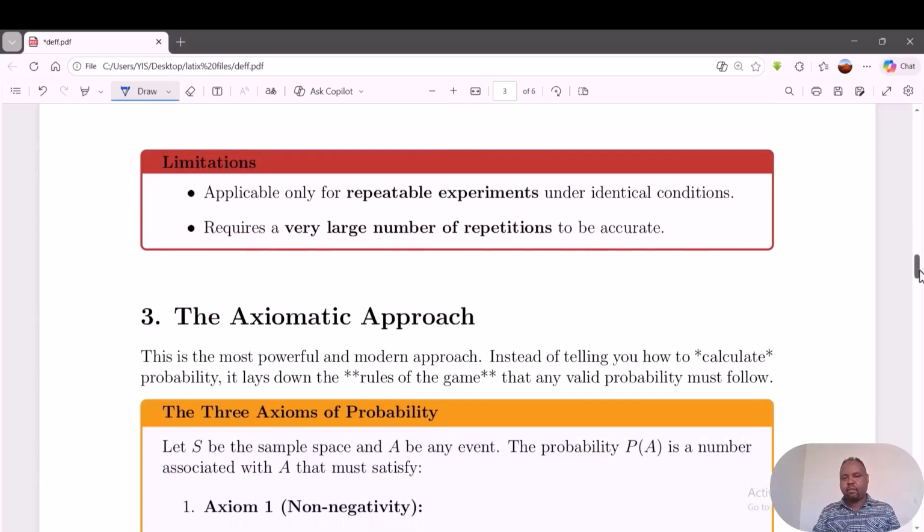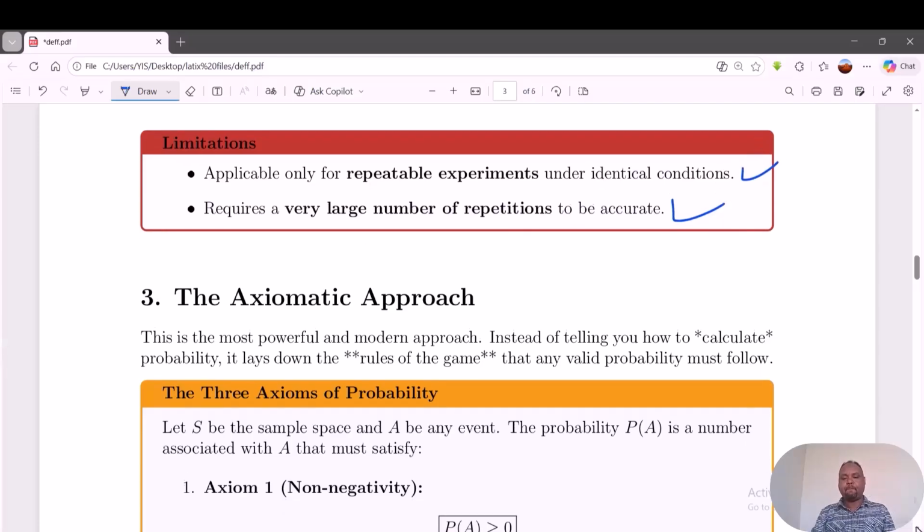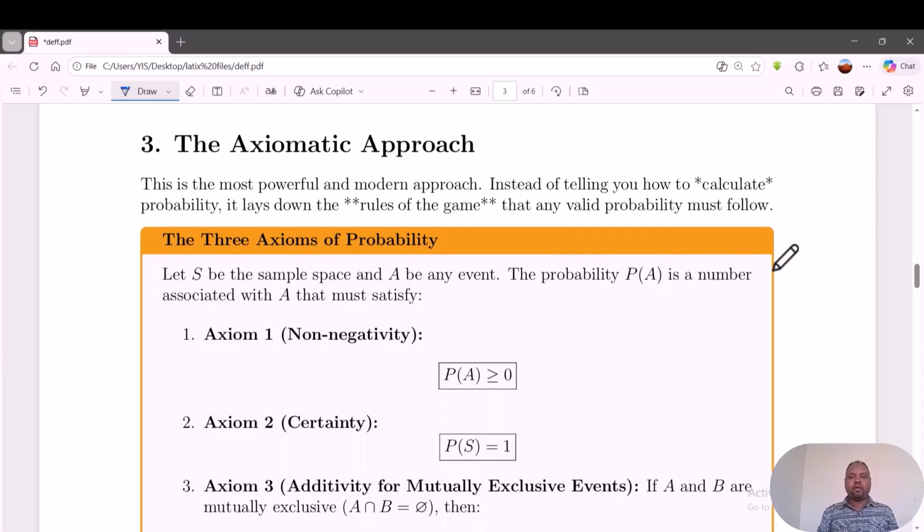But this frequency approach of defining probability is applicable only for repeatable experiments under identical conditions, and requires a very large number of repetitions to be accurate. While the third way of defining probability is the axiomatic approach.